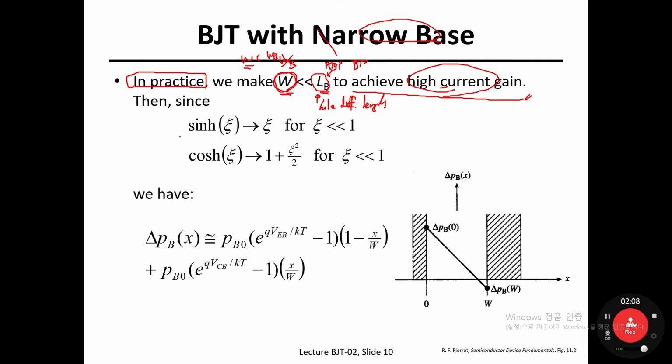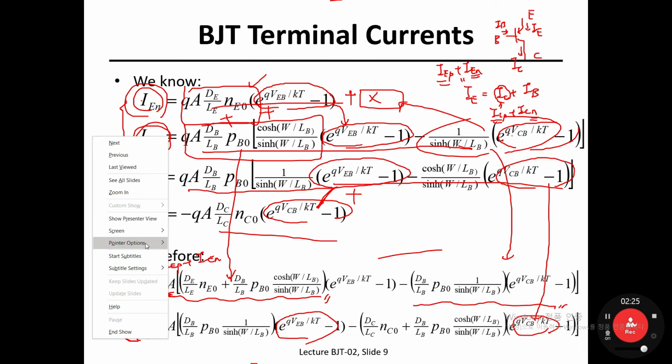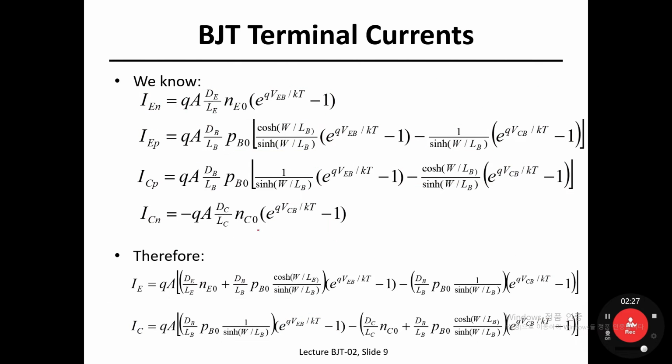So to do the quantitative analysis of why the narrow base is necessary for the BJT device, let's go back to the complicated equation again. In the previous slide, you may see many hyperbolic sine and hyperbolic cosine terms here and there, right?